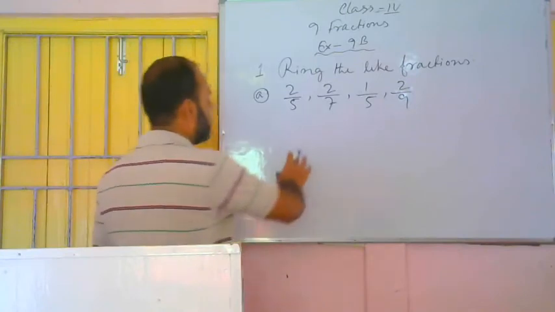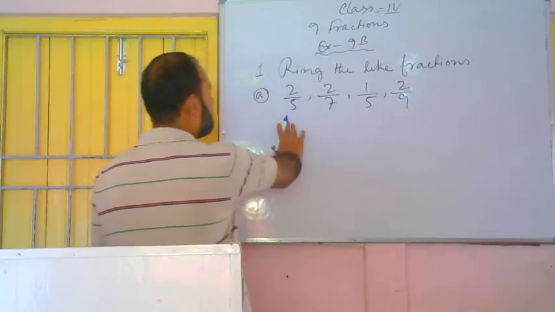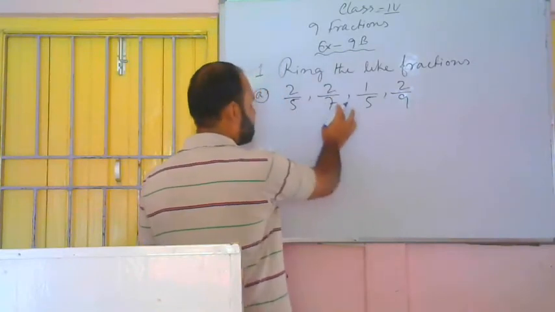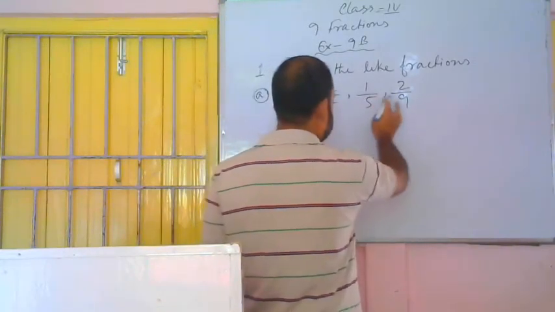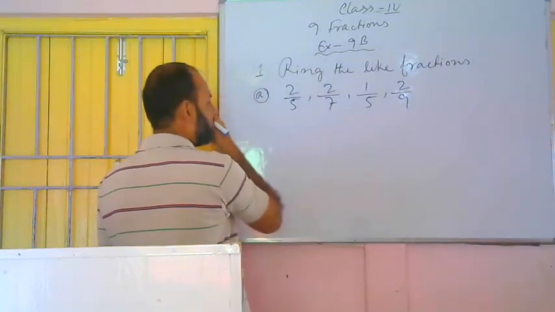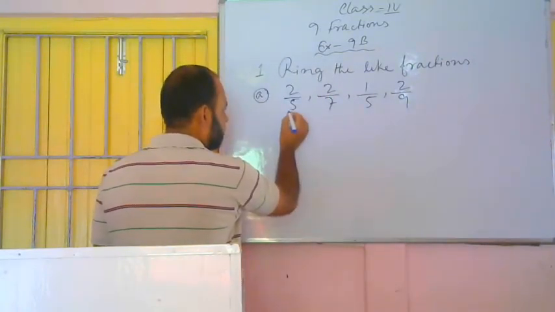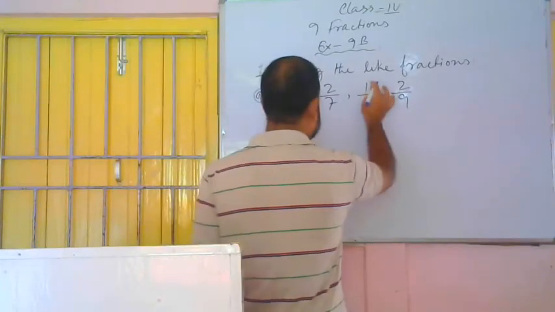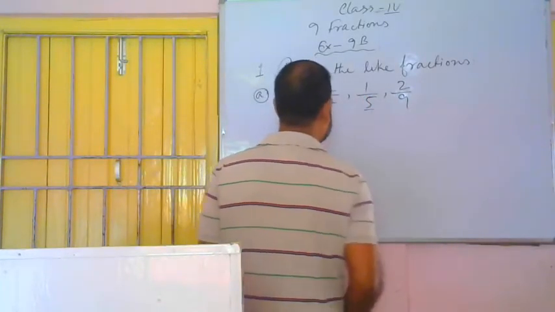So here we get 5 as a denominator and this fraction also 5 as a denominator.